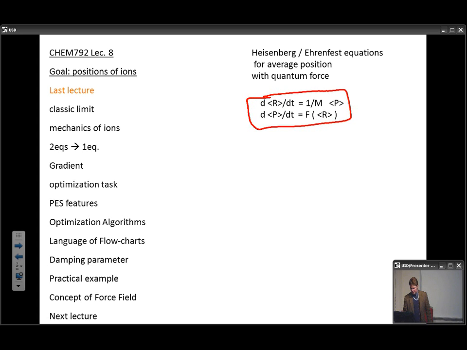So I'm removing the indices because the equations for multiple ions will be the same as for a single ion and single degree of freedom. The important thing is that the increment of position depends on the value of momentum. And the momentum can also change. And the reason to change the momentum is force.